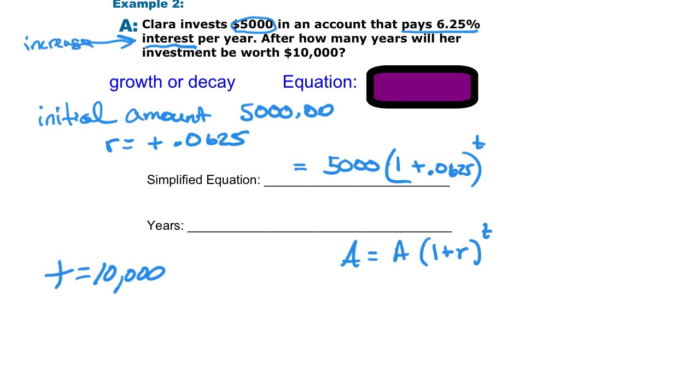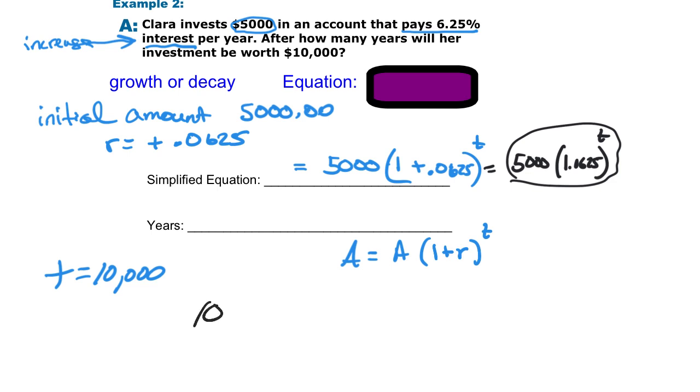We should simplify that and clean it up and make it 5,000 times 1.0625 to the t. There's our equation. How many years will our investment be worth $10,000? So I'm trying to figure out if I take my equation and set it equal to 10,000.